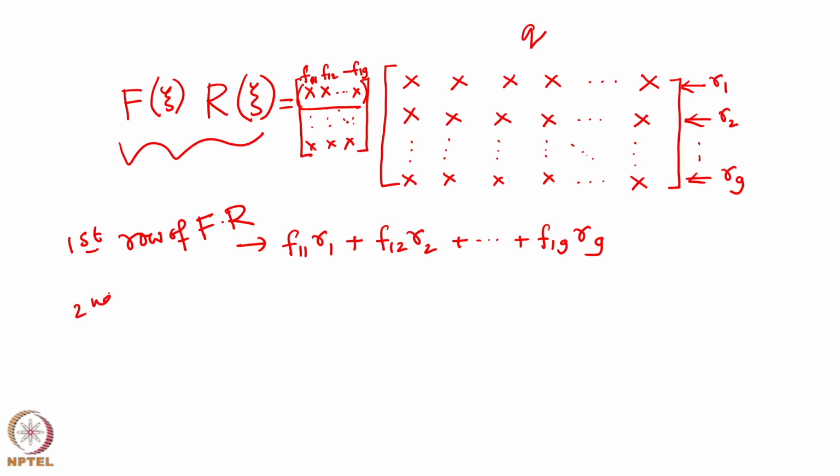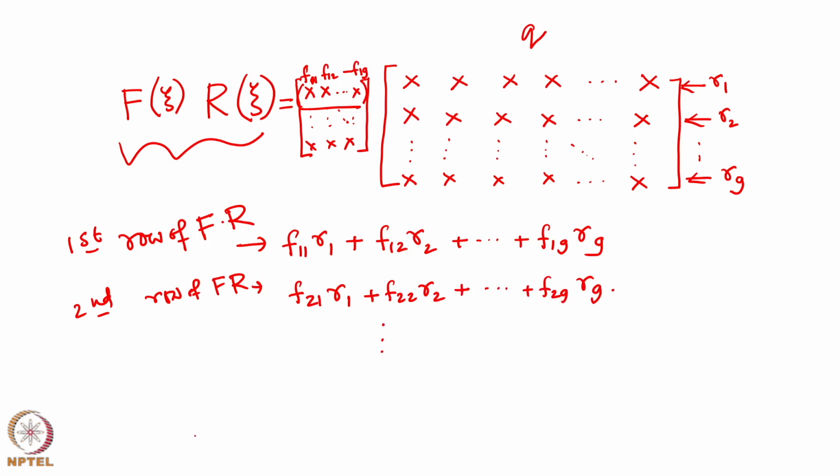Likewise, the second row of F R is given by F21 R1 plus F22 R2 plus dot dot dot up to F2g Rg, isn't it? That is how you produce all the rows.